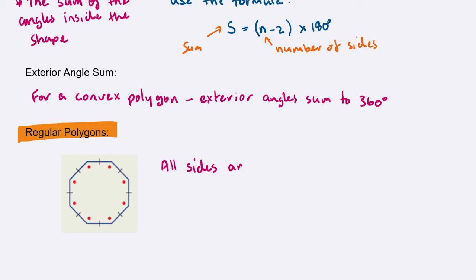So all sides and all angles are equal. Okay, so that's what you need to know about polygons themselves as we move forward together in this topic.